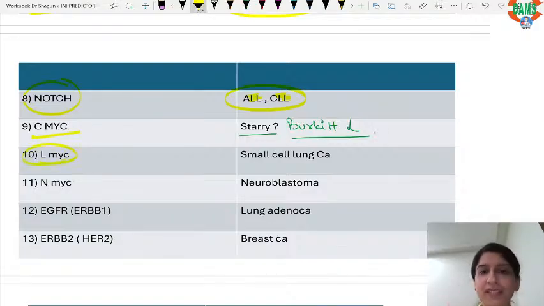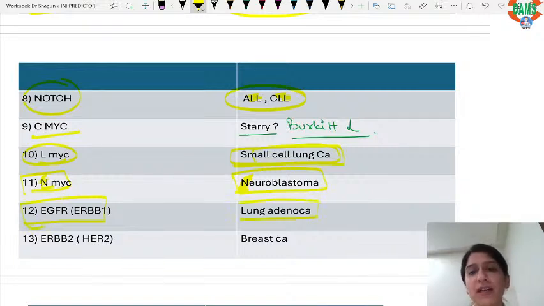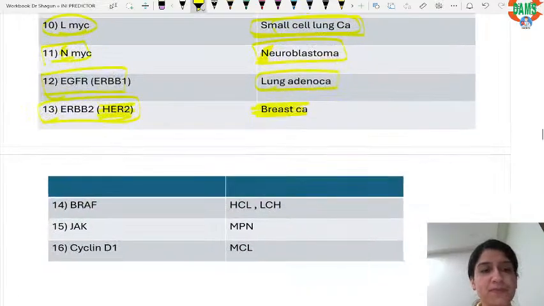Next, LMYC, small cell lung carcinoma. N for NMYC, N for neuroblastoma. EGFR, also called ERBB1, in lung adenocarcinoma. ERBB2, which is also called HER2, in breast carcinoma. Yes, very important.